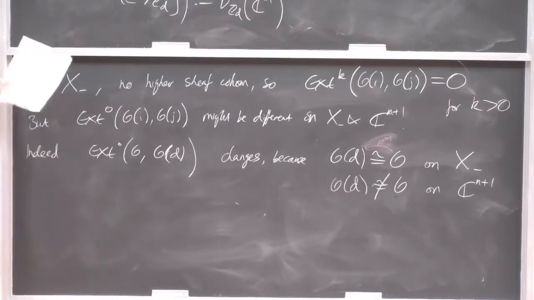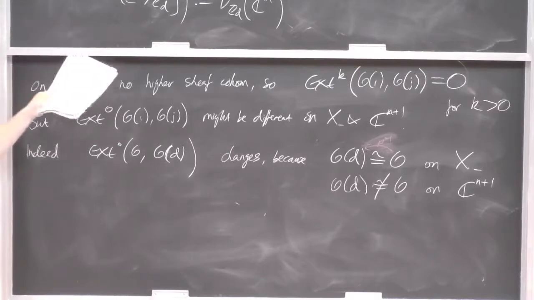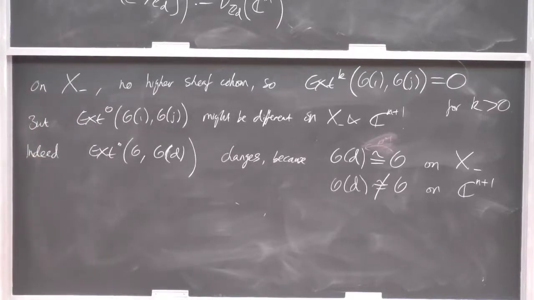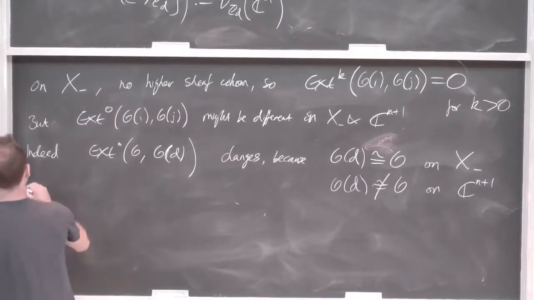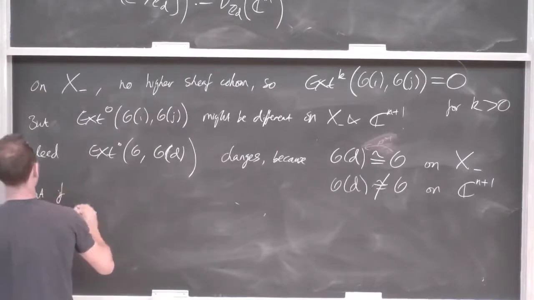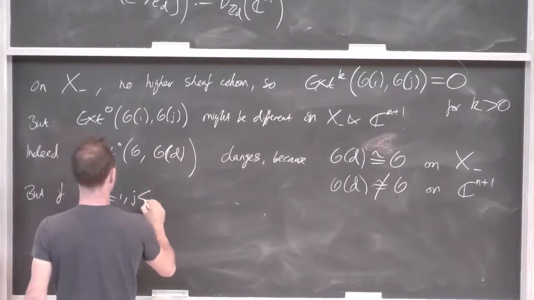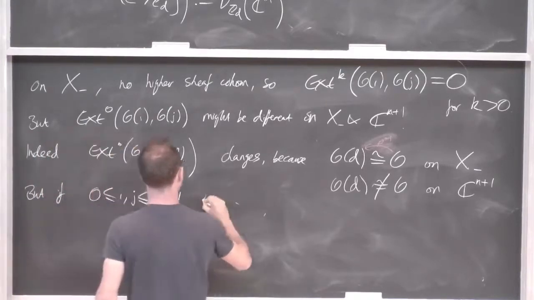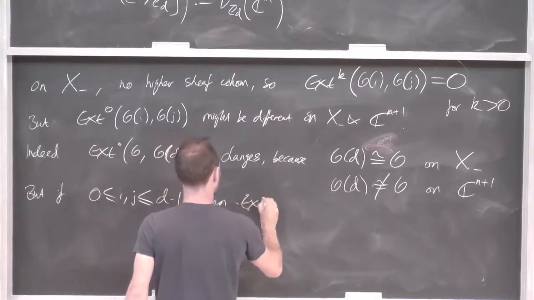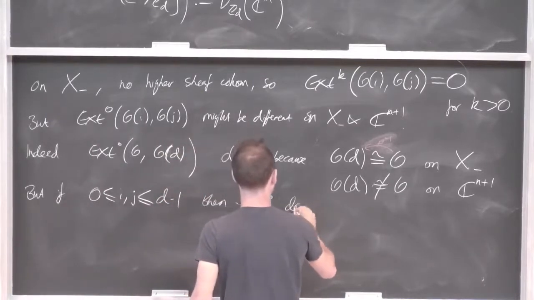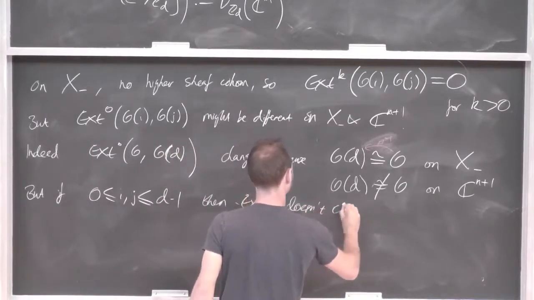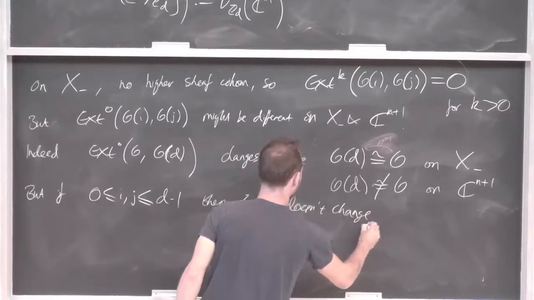On the other hand, I'm using this window with only O up to OD minus 1 in it. So if you take I and j to lie in the window, which we're going to do, then x0 doesn't change. So the functor is fully faithful.